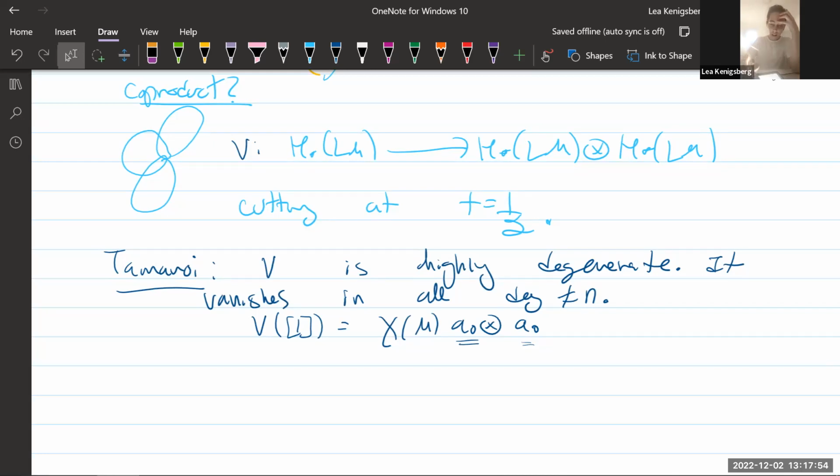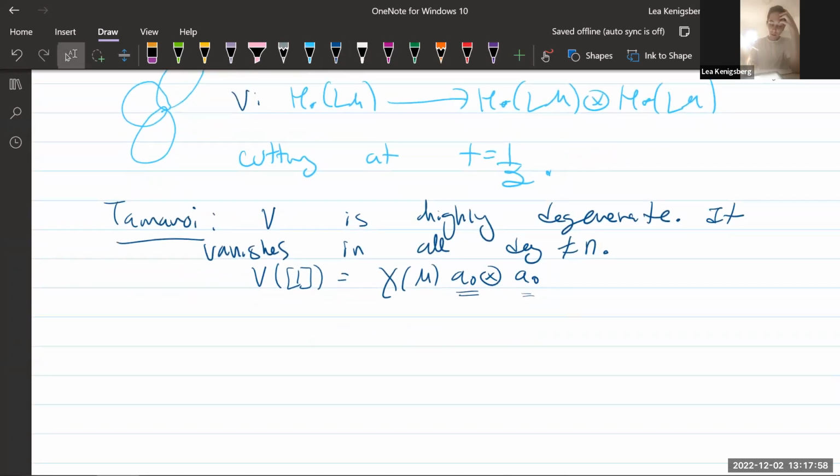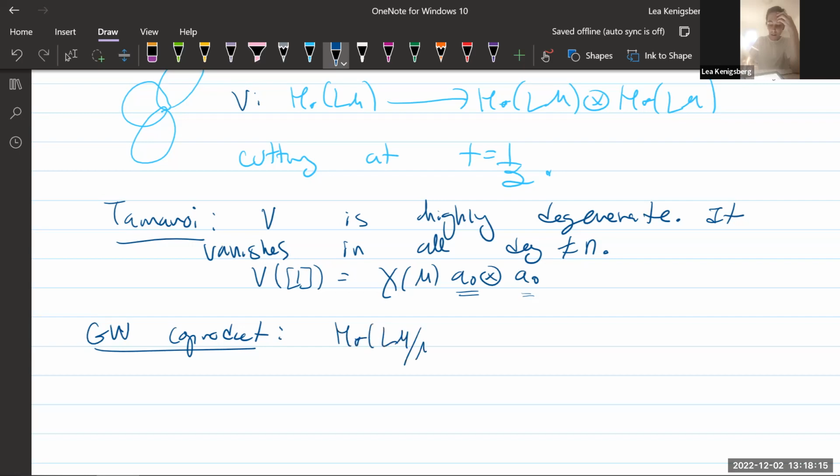So Goresky and Hingston define another coproduct. They define a coproduct by cutting at all self-intersections. So this is now going to be defined on the space of loops, but not constant loops.